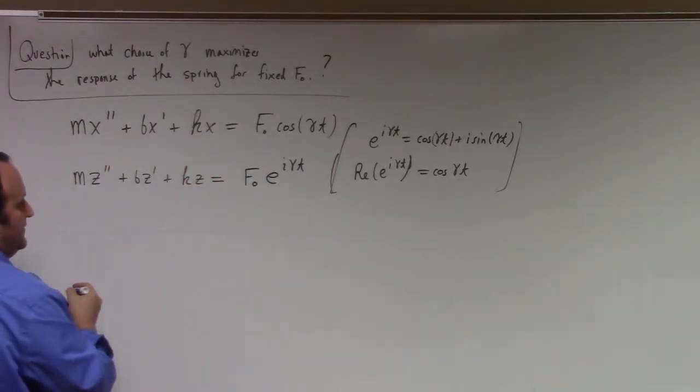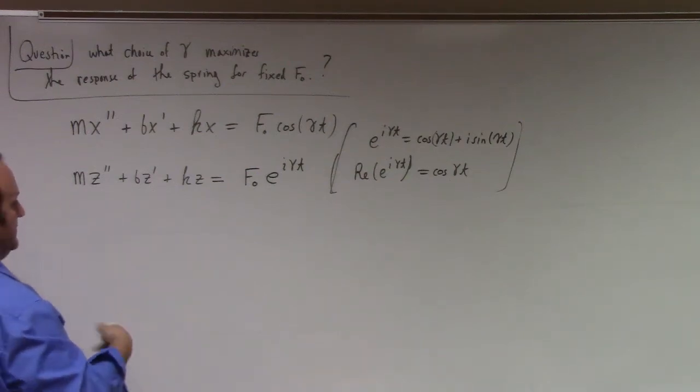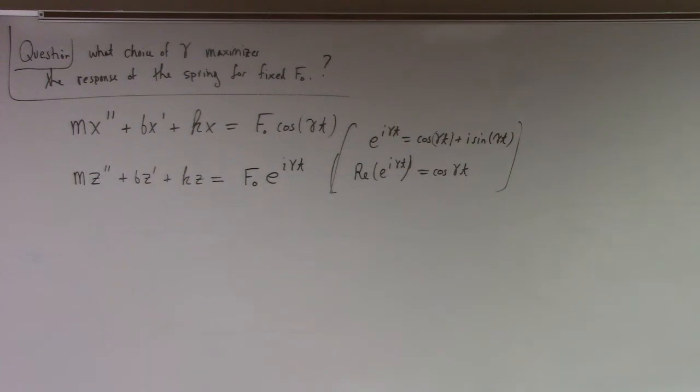I'm really just interested in the particular solution. What's the homogeneous solution? I just wrote them down: 1, 2, and 3. Those are the 3 possible homogeneous solutions for this problem. As long as b is non-zero, what happens as time goes to infinity?